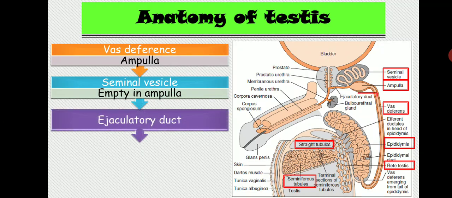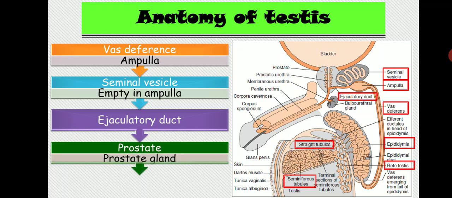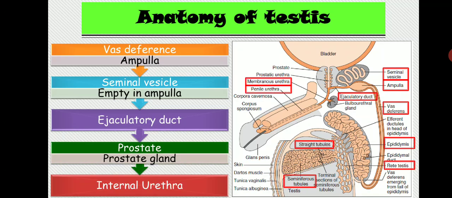Then there is the ejaculatory duct. After that the ejaculatory duct enters the prostate gland, and the prostate will secrete its secretion inside this ejaculatory duct, and finally the membranous urethra and penile urethra, and this is the internal urethra.